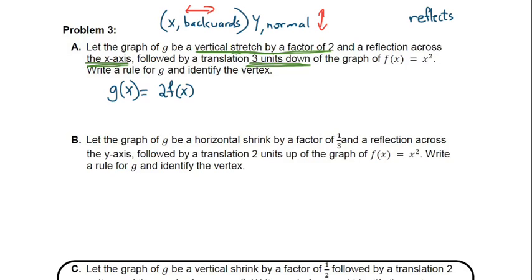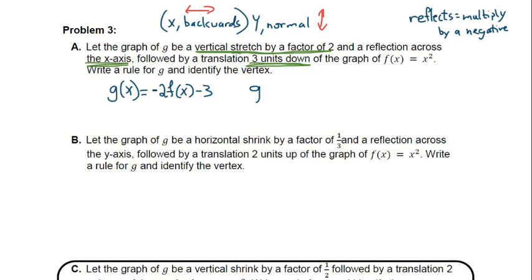Reflects, I don't know why, is multiply by a negative, even if that's a negative 1. So we're going to make the 2 negative, that's the reflection, and we're going to go 3 units down. So negative 3.